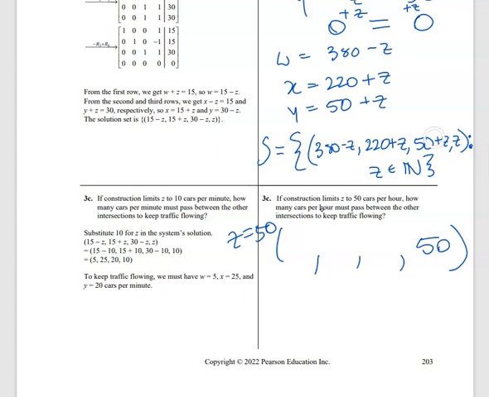And then for the y coordinate, 50 plus 50, that's 100. 220 plus 50, that's 270. And then 380 minus 50, that's 330. It only asks about the other intersections, so w, x, and y are really the ones it's looking for, but we should get these values.